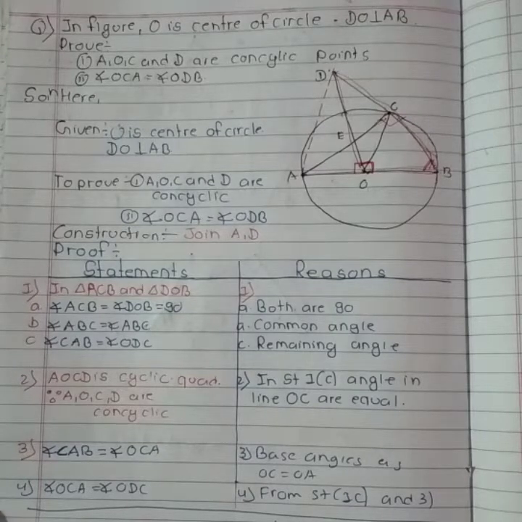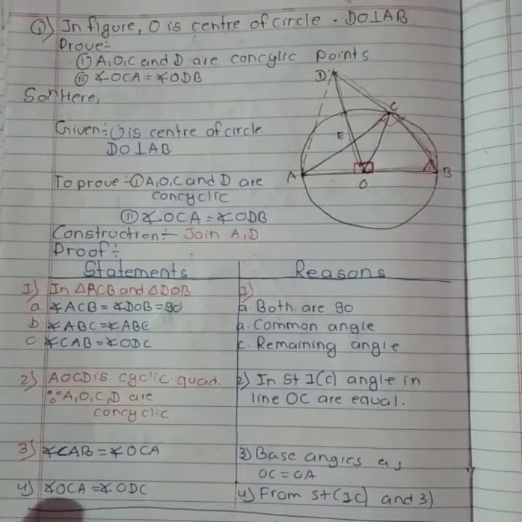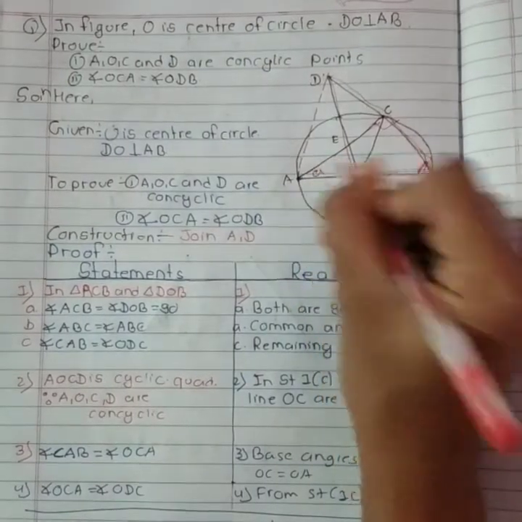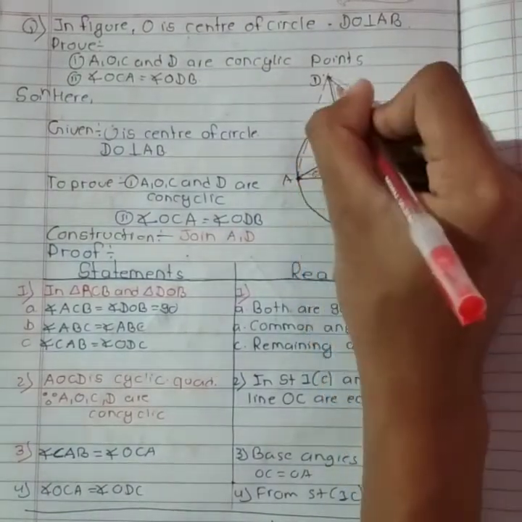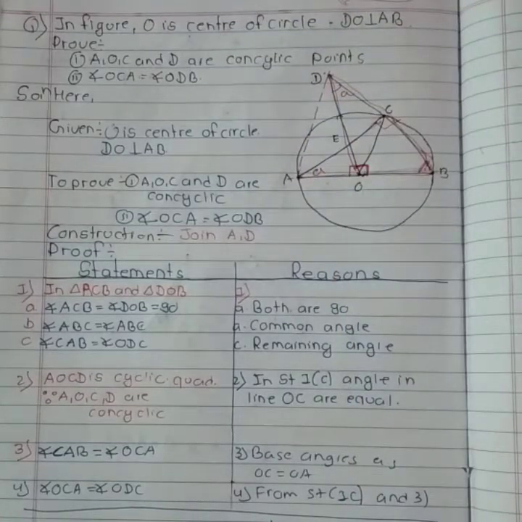Without the third being equal, the triangle is not possible. So from here we get that this angle, let it be A, equals this angle, let it be A. This is our conclusion, statement number 1.